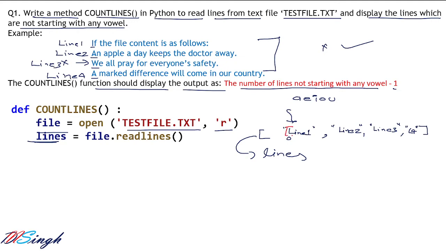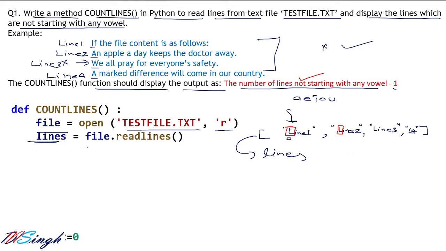So what is the index of this one? 0. Again for next line, there also you have index 0. So we need to compare if it is a vowel or not. If it is a vowel, we need to increment our counter. Okay, if it is not a vowel, we need to increase our counter, otherwise not.